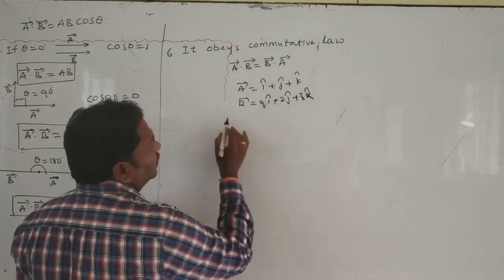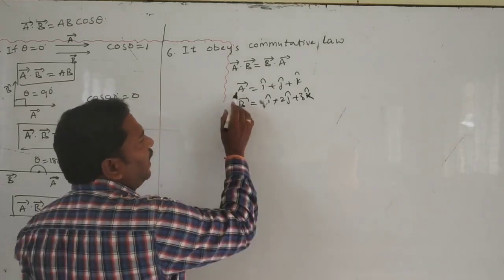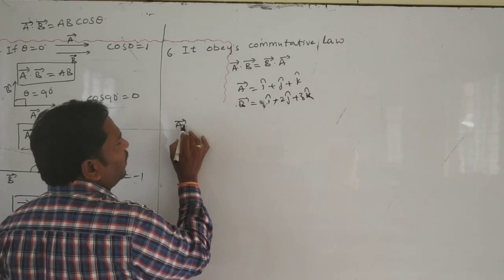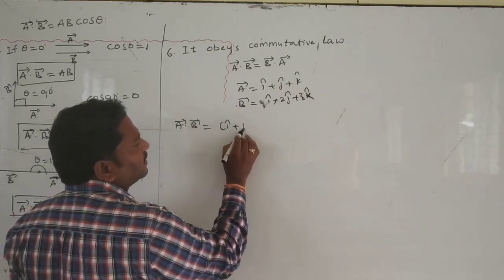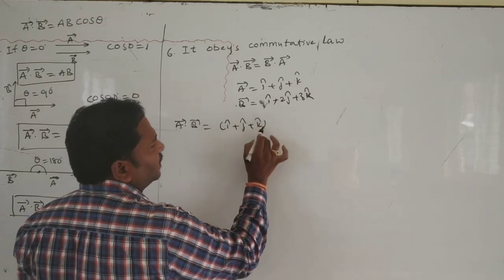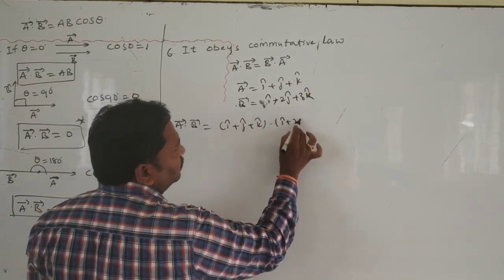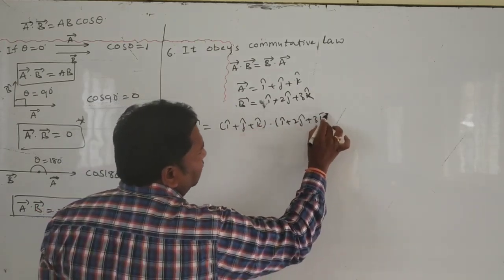First we are doing the dot product. a bar dot b bar means i cap plus j cap plus k cap dot i cap plus 2j cap plus 3k cap.